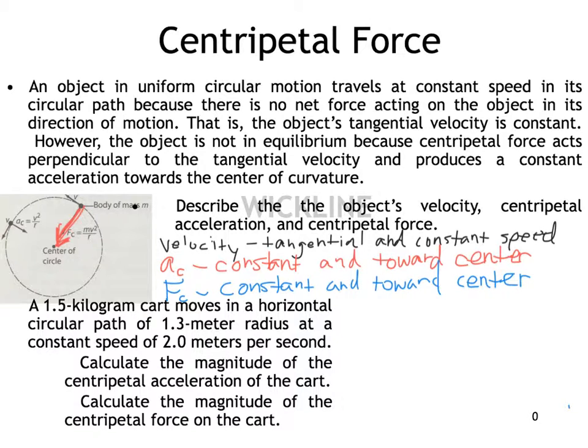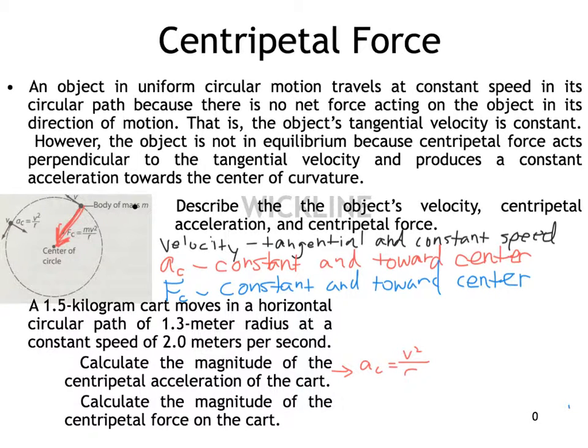Now it's time for a math question. A 1.5 kilogram cart moves in a horizontal circular path of 1.3 meter radius at a constant speed of 2 meters per second. Calculate the magnitude of the centripetal acceleration of the cart. The best equation for this is AC equals v squared over r.